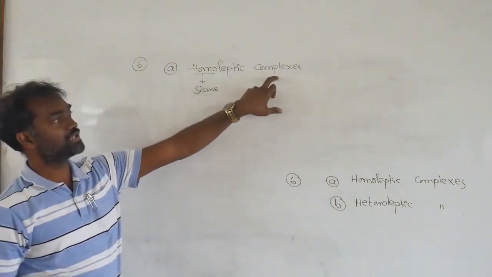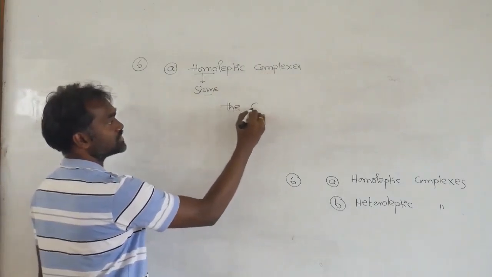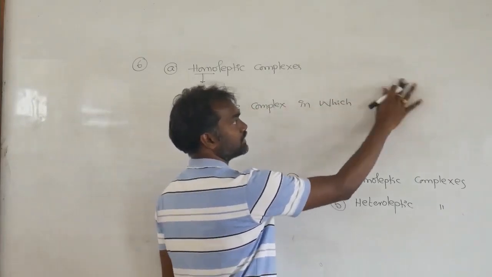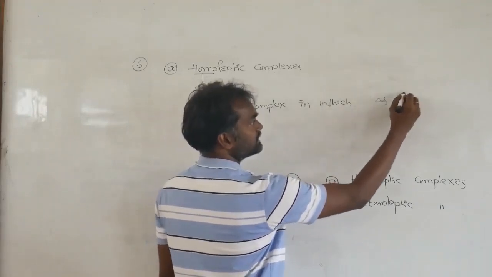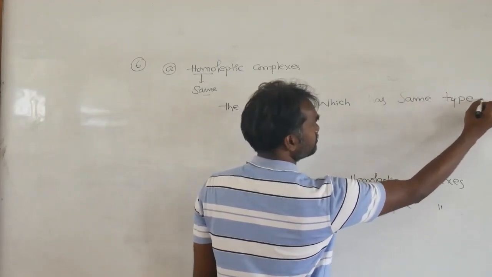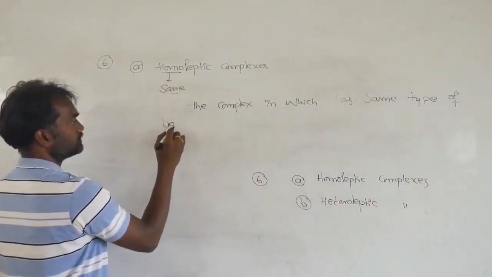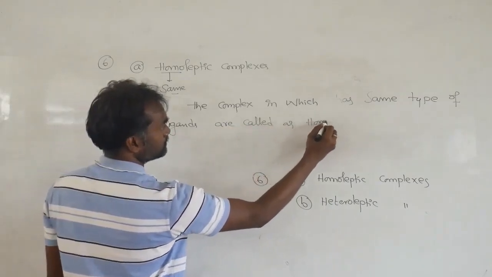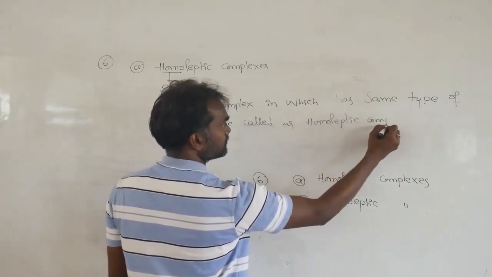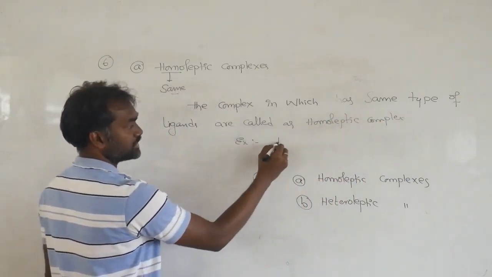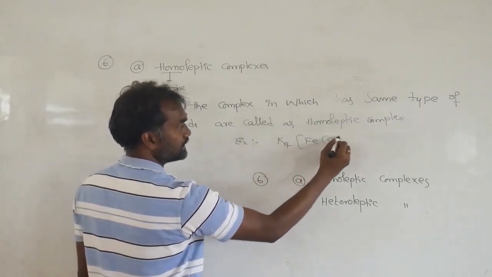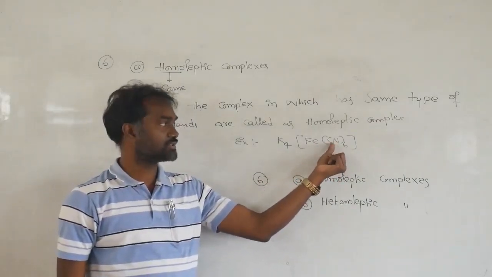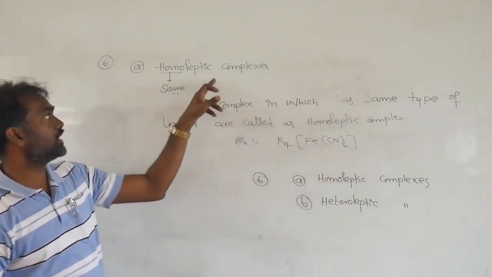So the complex which has the same type of ligands is called a homoleptic complex. For example, K4[Fe(CN)6]. The metal is surrounded by 6 cyanides, all 6 are cyanides only. So same type of ligands surrounded: homoleptic.